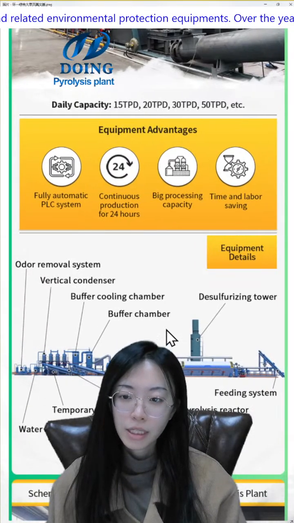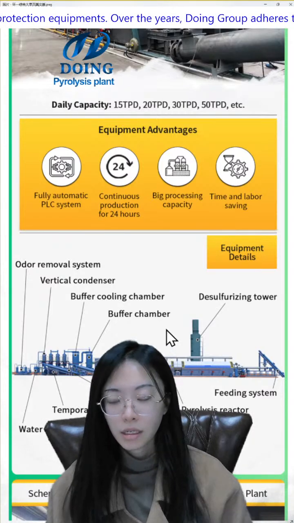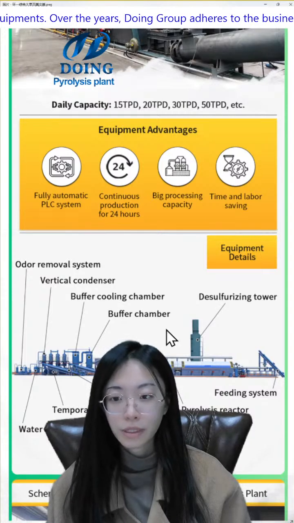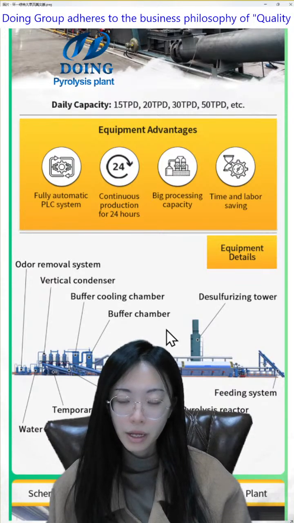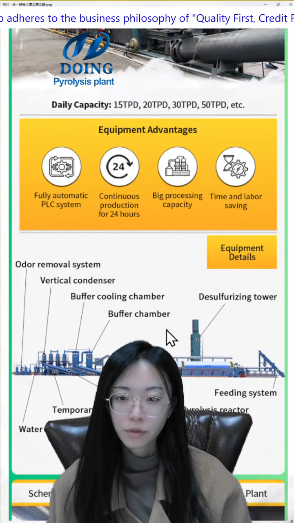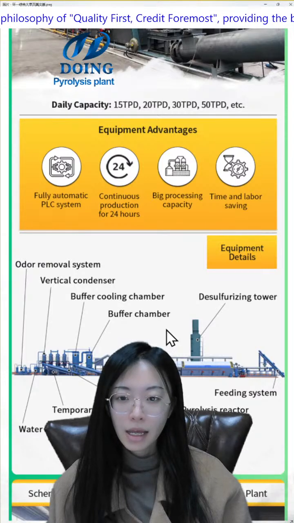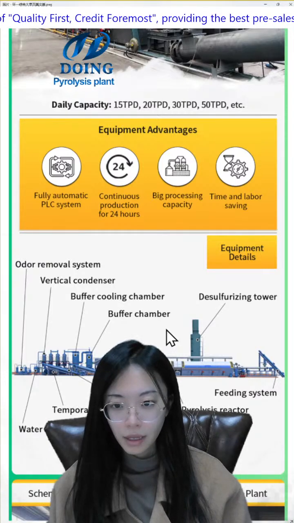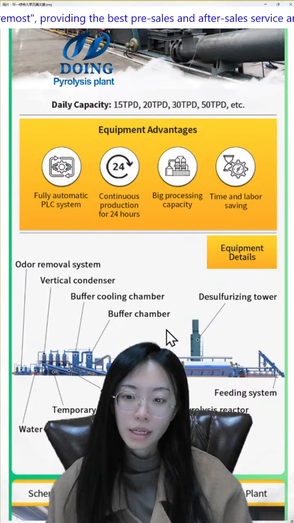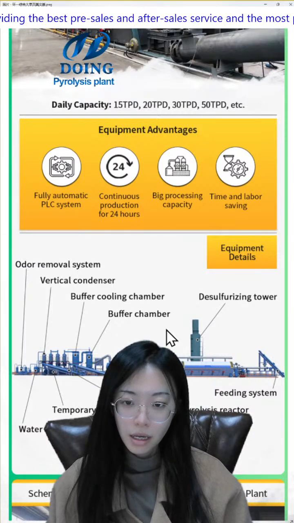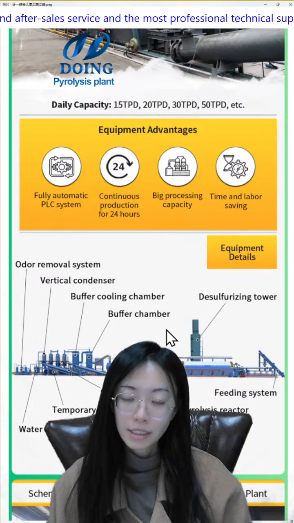Like it's fully automatic. They have a PLC system, as the very beginning of our 3D video shows, and it can work in continuous production for 24 hours. It has a big processing capacity, and it's time and labor saving. This is because it can work without stopping for 24 hours for 45 days to 60 days.